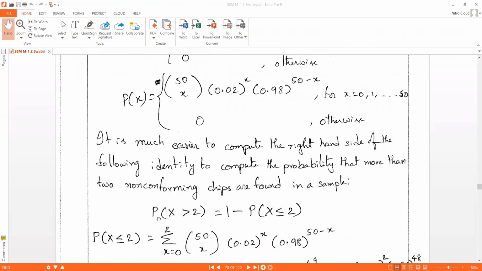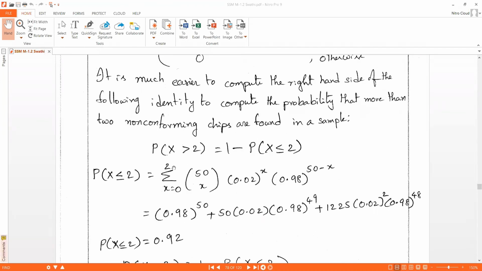Okay, it is much easier to compute the right hand side of the following. We need to compute the probability that more than two non-conforming chips are found in a sample, that is P of x greater than 2.